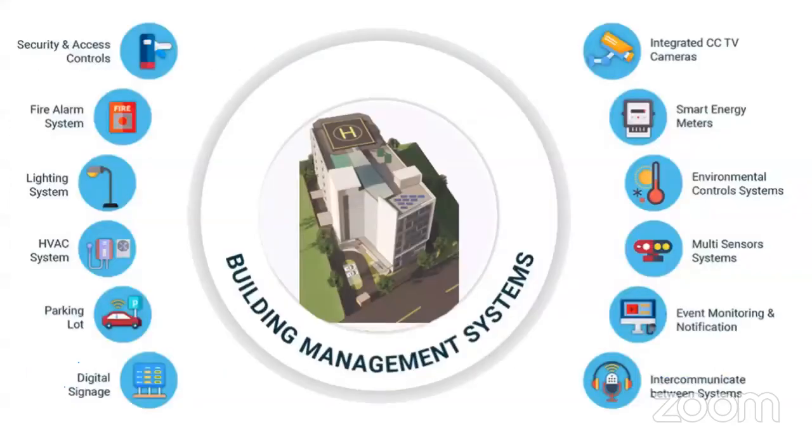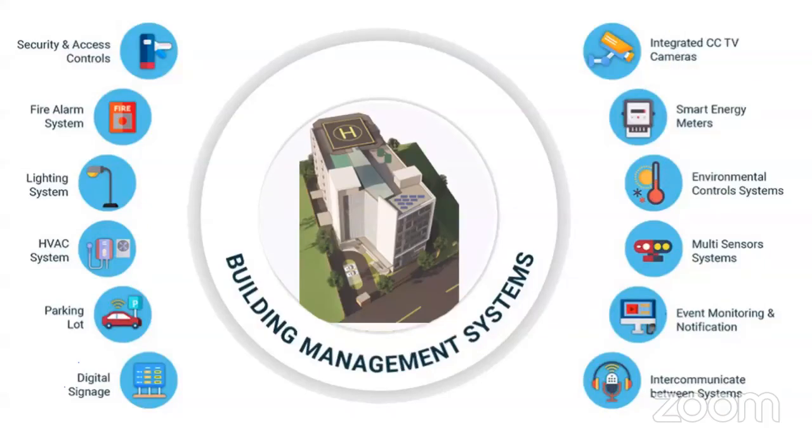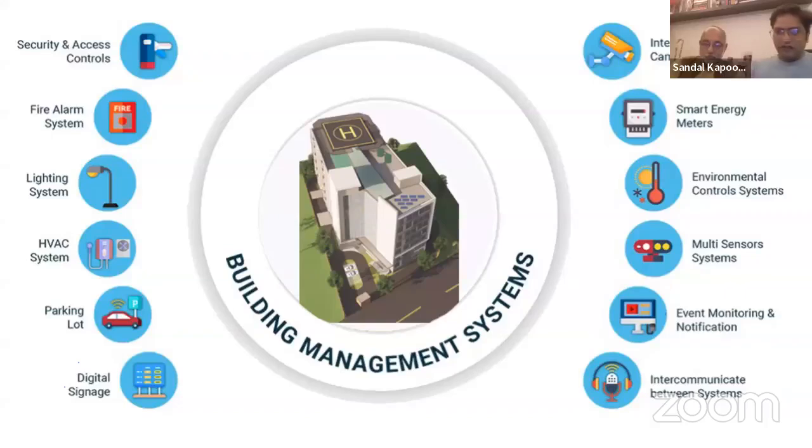Then another important consideration nowadays is the integration of the systems. The various service systems we have in our building, like security, access control, fire alarm system, lighting systems, our air conditioning systems, even boom barriers, parking lot, the digital signages, the facade lightings, the integrated camera systems, and all the temperature control, lighting control, environment control, and data networking within the areas in the hospital.